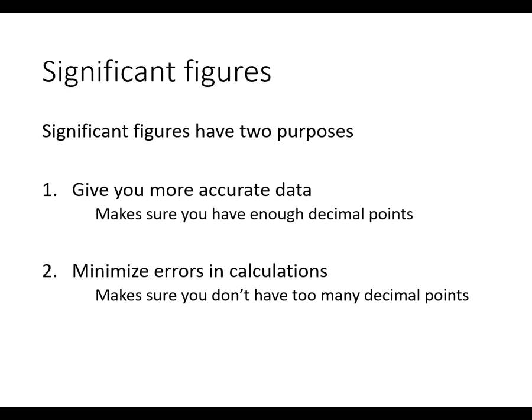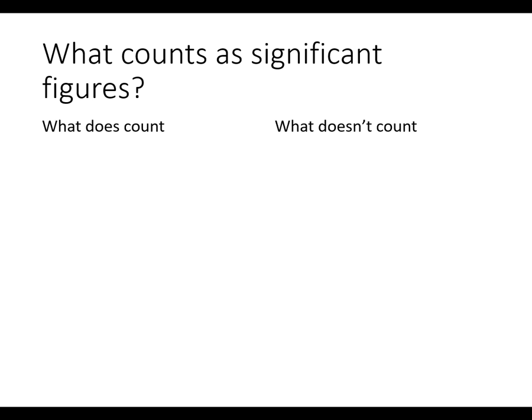Not all of those digits should be used because they indicate to the person you're talking to that you are accurate to that decimal point. But you don't know if you're really accurate to 10 decimal points or just accurate to 1 or 2 decimal points. So we minimize errors by making sure that we don't have too many decimal points.